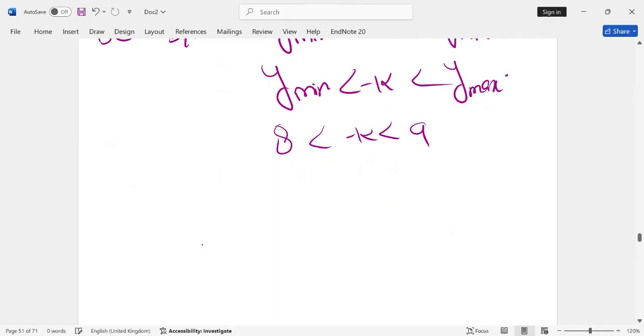To solve for k, multiply the inequality by minus 1 and reverse the direction of the inequality sign. So we have minus 8 greater than k greater than minus 9.